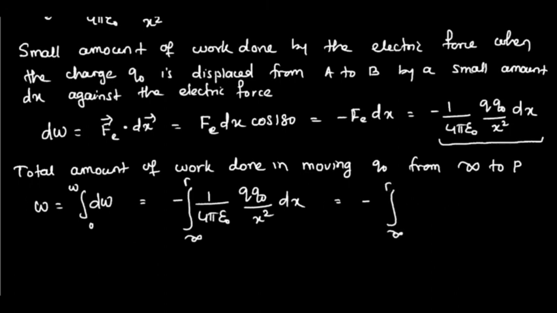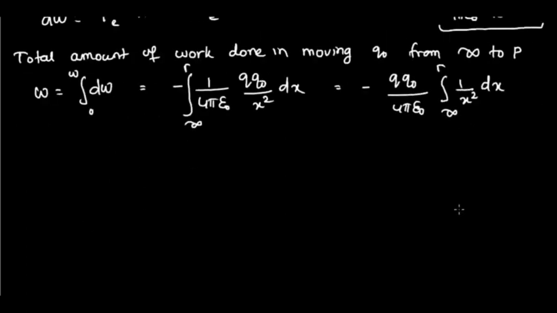Now you can take these constant terms like q naught by 4 pi epsilon naught outside, and you have 1 by x square dx. The limit is from infinity to r. So 1 by x square is the same as x to the power minus 2.